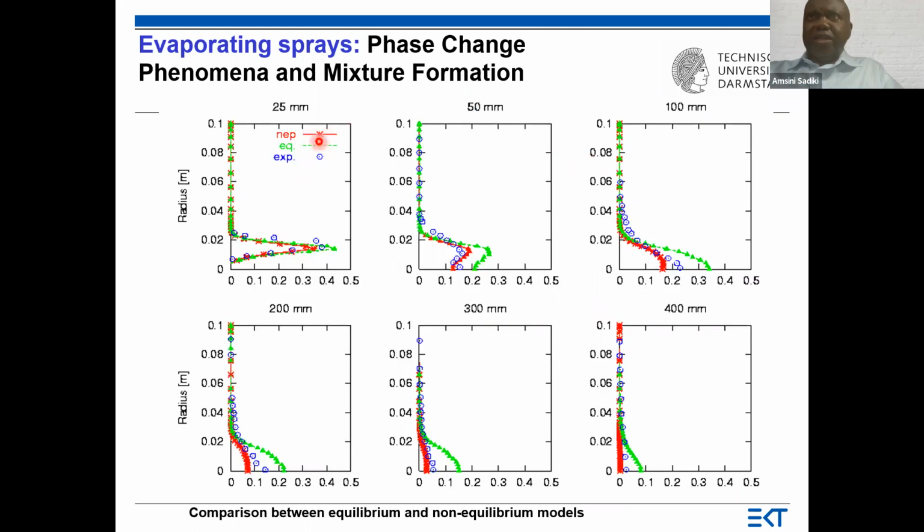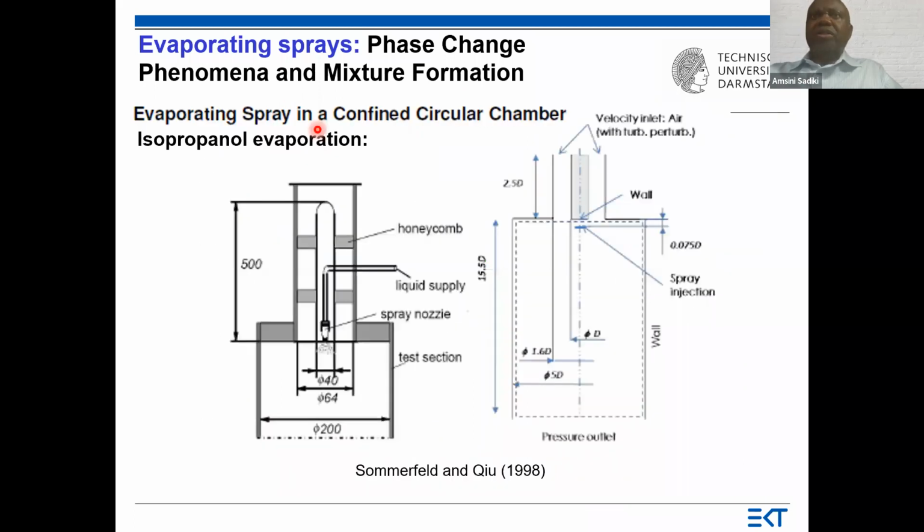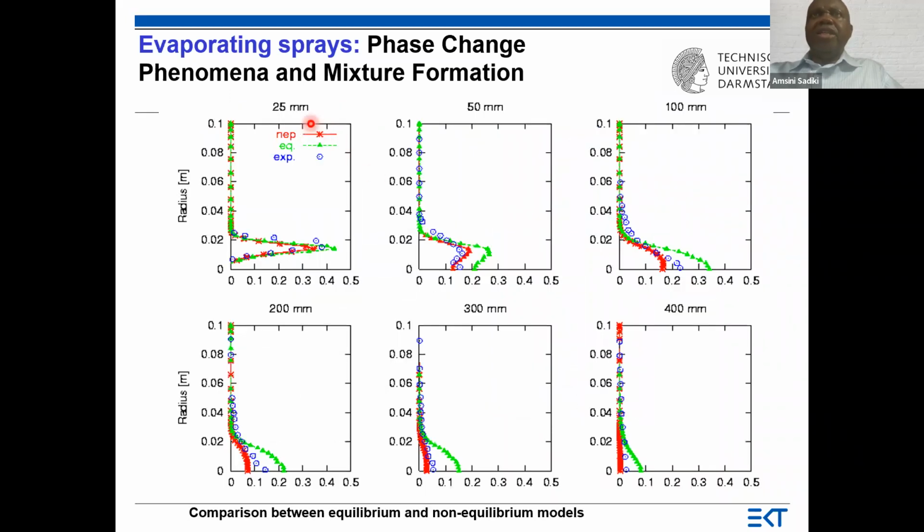If we look at this position here, we have this configuration. I have explained it yesterday. So we see that the non-equilibrium model for this case predicts the droplet size distribution very well compared to the equilibrium model.